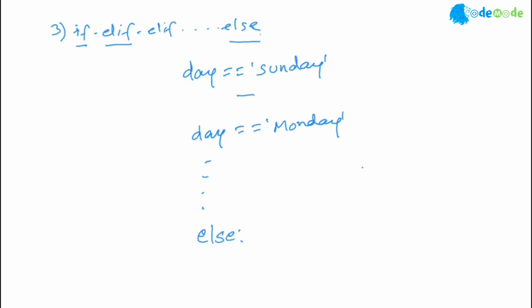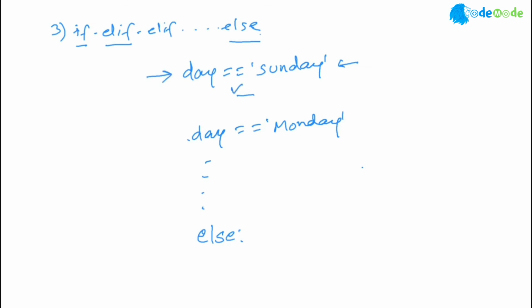Now, when you say day equal to Sunday, one thing you have to remember: always start with the value that is more prevalent, more common. That way your code doesn't have to unnecessarily check other conditions. If in 90% of the cases the day is Sunday, you want to keep that condition in the if and put it on top.